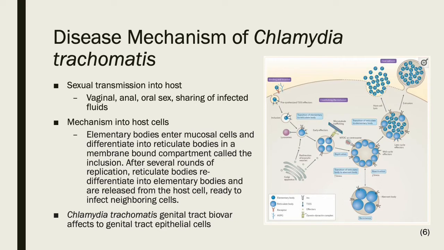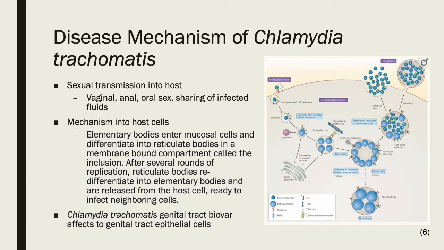The nascent inclusion is transported, probably by an Inc, along microtubules to the microtubule organizing center or centrosome. During mid-cycle, the reticulate bodies replicate exponentially and secrete additional effectors that modulate processes in the host cell. Under conditions of stress, the reticulate bodies enter a persistent state and transition to enlarged aberrant bodies.